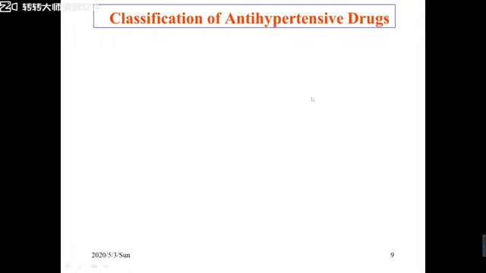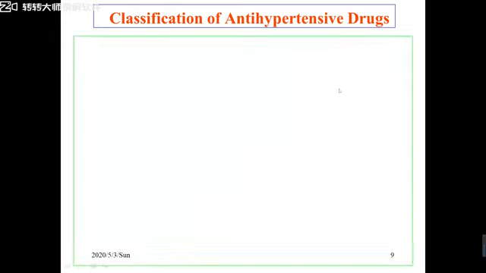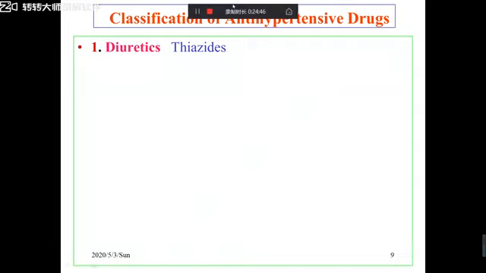So, the classification of antihypertensive drugs. The first kind, the oldest drugs used to treat hypertension, are diuretics. Among diuretics, we should know the moderate efficacy diuretic, thiazide, is a first line antihypertensive drug.